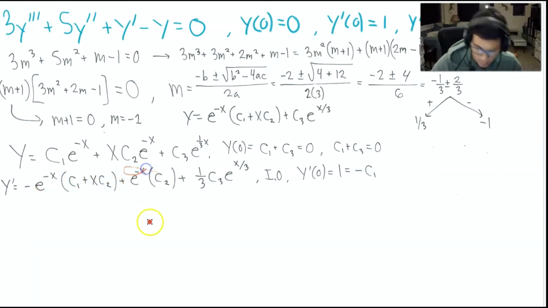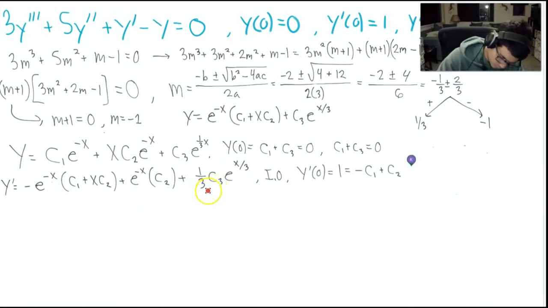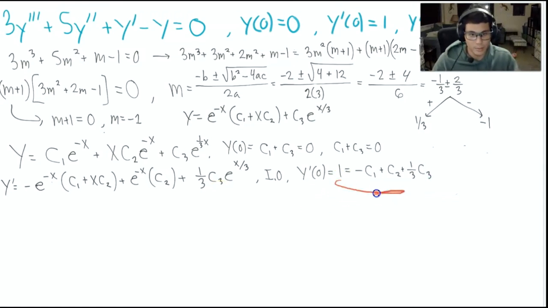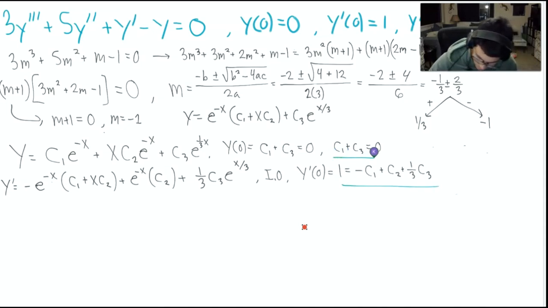We put 0 into here, we just get C2. And if we put 0 into here, we get 1 plus 1/3 C2. Not C2, C3. Okay, and that's all equal to 1. Okay, that's nice. So I'm going to underline this piece of information.